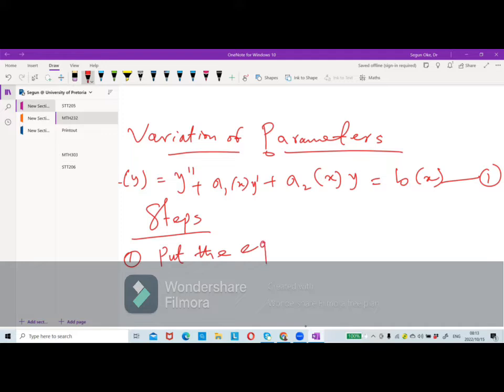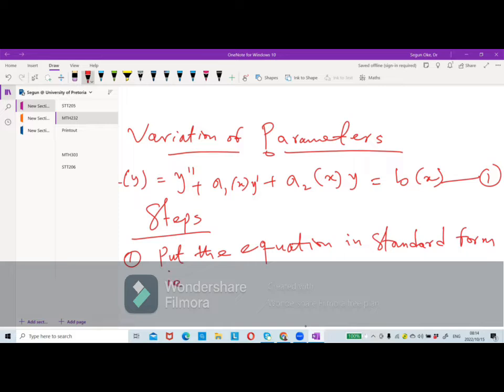When I say equation, I'm talking about the problem you're given to solve. So put the equation in standard form.